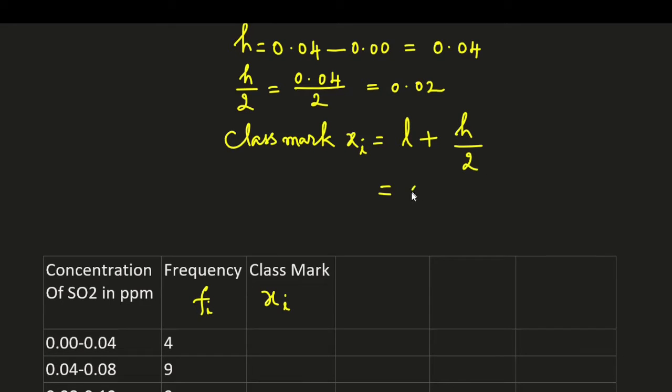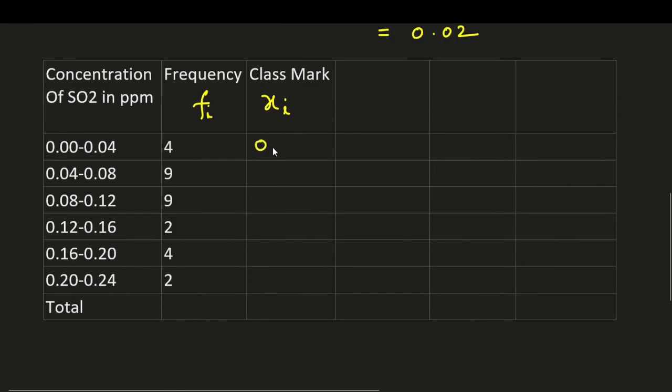Here lower boundary is 0.00. Half of class size is 0.02. So we get 0.02. In a similar way, we can find class marks for various class intervals. So here it is 0.02.